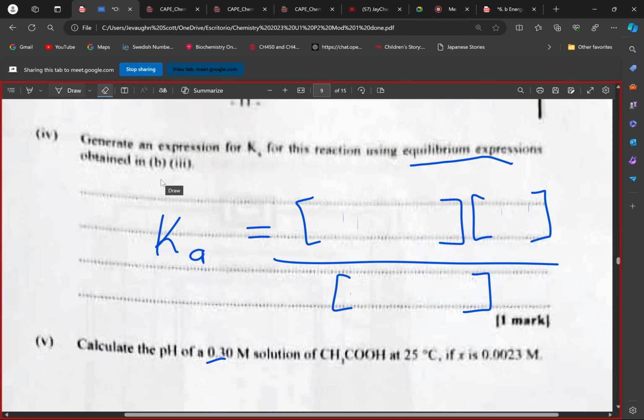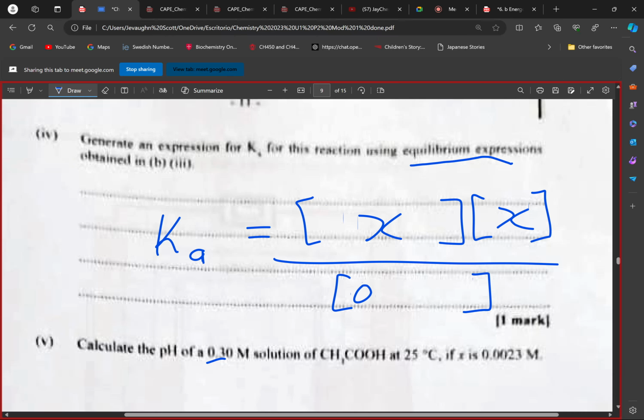So we're gonna have an x here and an x here, and the concentration is just going to be basically the original concentration minus the x.